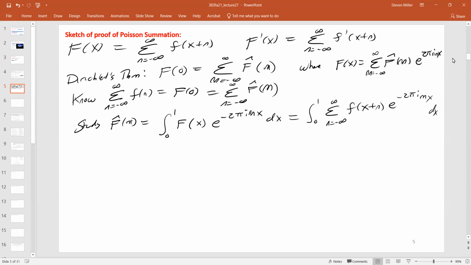What do I want to do with the integral and the sum? I want to switch them. But the other thing is, let's think about what's actually going on. x ranges from 0 to 1, and n ranges from negative infinity to infinity. What is the integral from 0 to 1, and then the sum, n goes from negative infinity to infinity? This is the same as what?